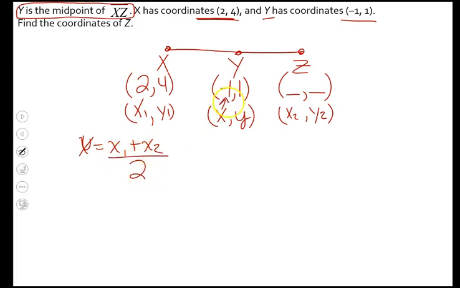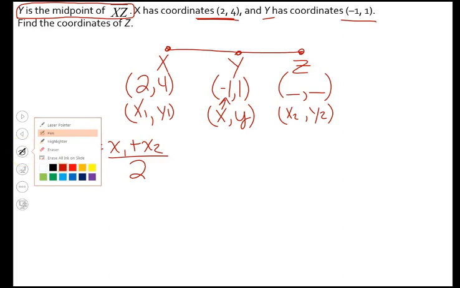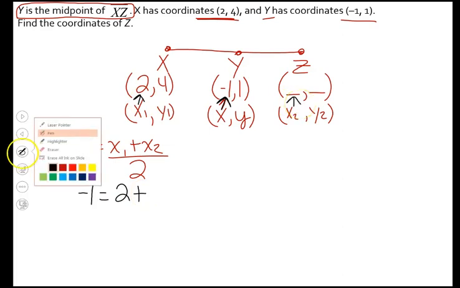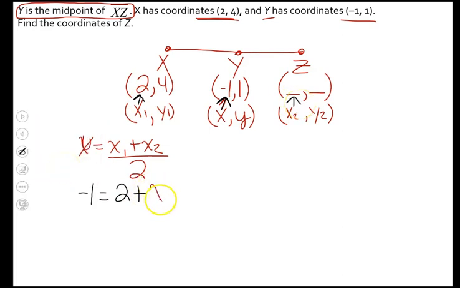So here, this time, guys, look, we have an x. x is -1. We have an x1. x1 is 2 plus x2, which is what we do not have. That is what we are solving for. So that's going to be our variable.